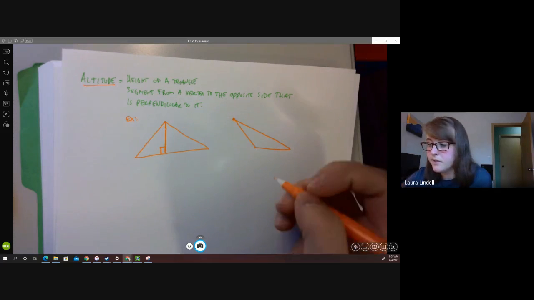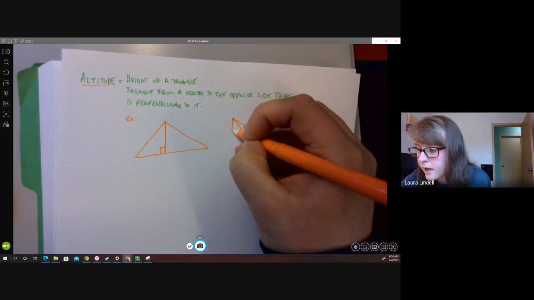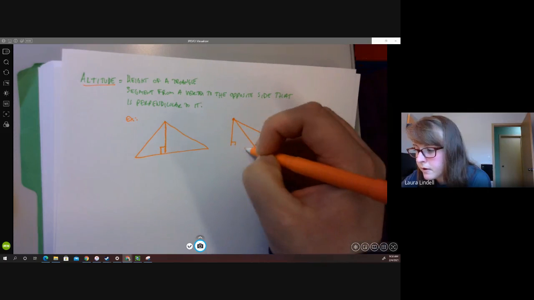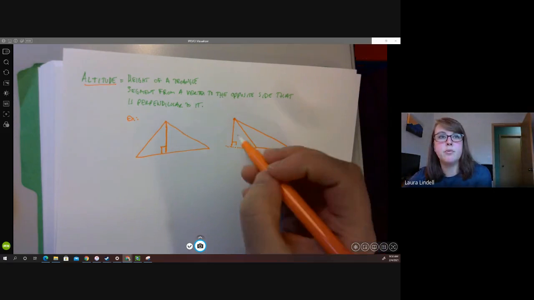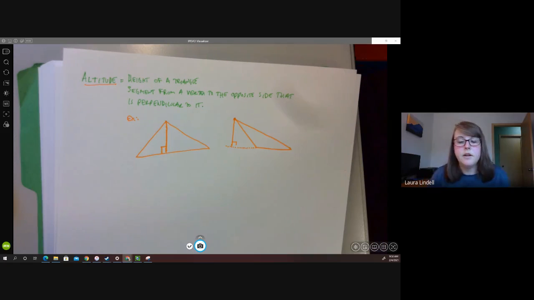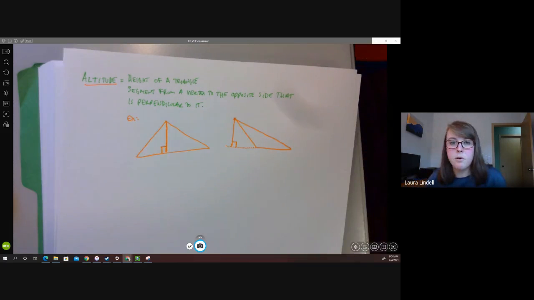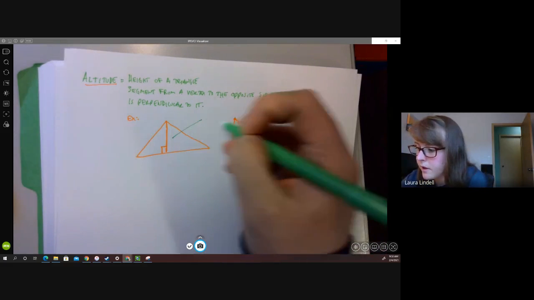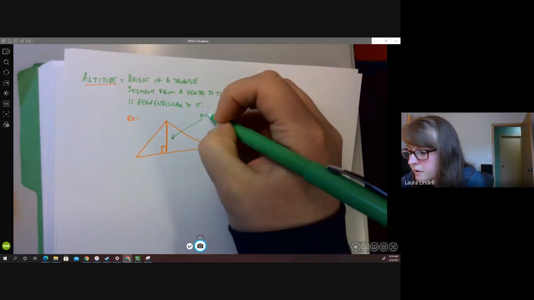So what I would do instead is I would draw a line straight down that would be perpendicular if I were to extend the opposite side a little bit. This would also be considered an altitude. So occasionally an altitude will be outside the triangle, but most of the time it will be inside the triangle. Okay. So these lines would both be altitudes.